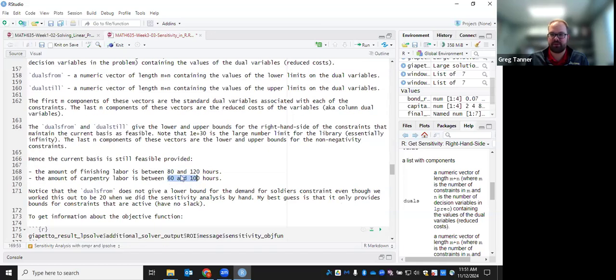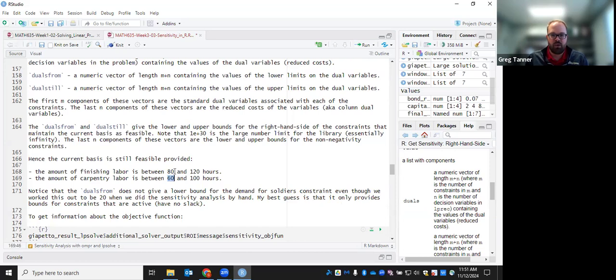The thing to remember about these is that we're assuming we're only doing one change at a time. So you can't simultaneously change the finishing to 80 and the carpentry to 60 and expect that the current basis remains feasible. It's if you fix the carpentry hours and change the finishing hours, or if you fix the finishing hours and change the carpentry hours.